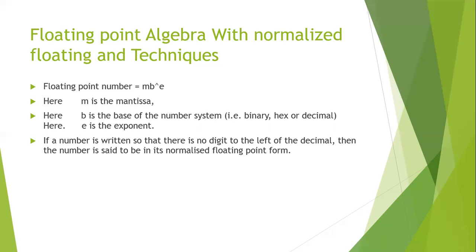If any floating point number is written so that there is no digit to the left of the decimal point, then the number is said to be in its normalized floating point form.